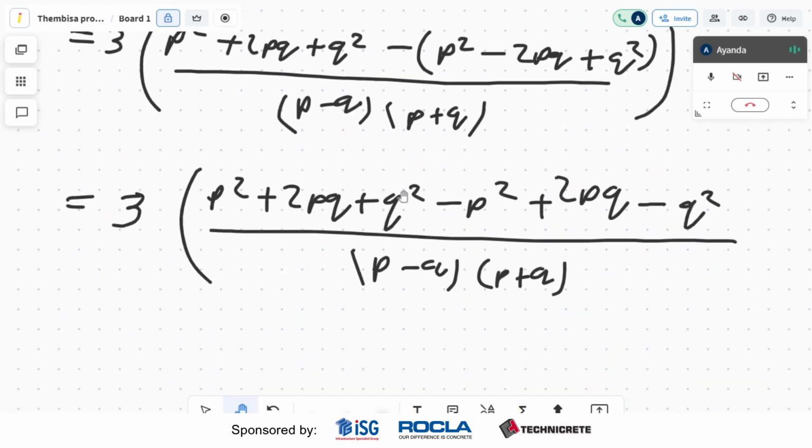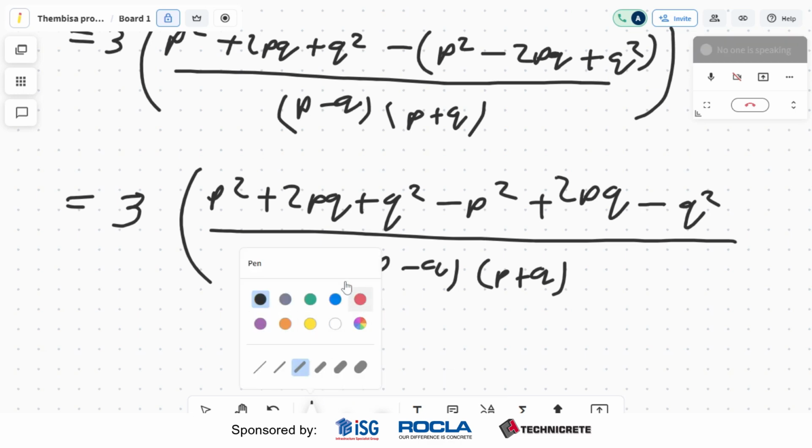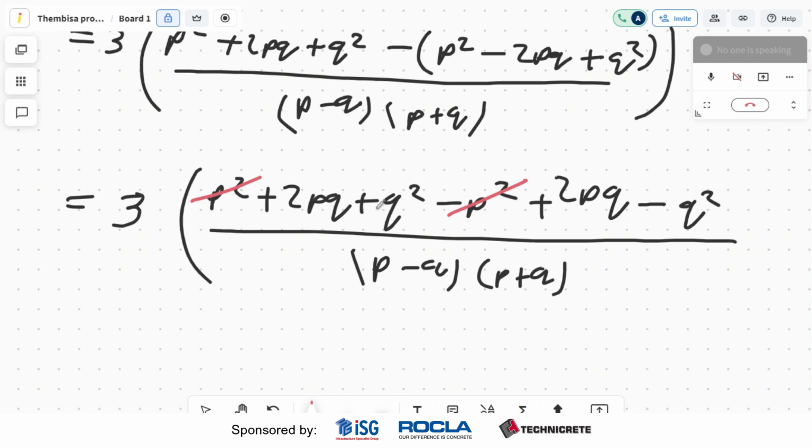Now p² − p² will cancel each other out. q² − q² cancel each other out. And we're left with 2pq + 2pq, all of that multiplied by 3. So 2pq + 2pq is going to give us 4pq.